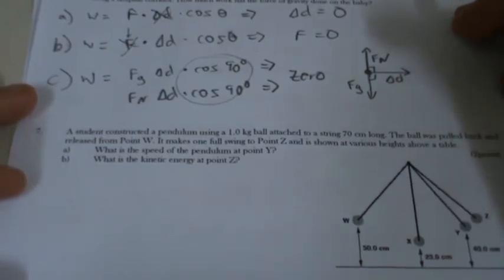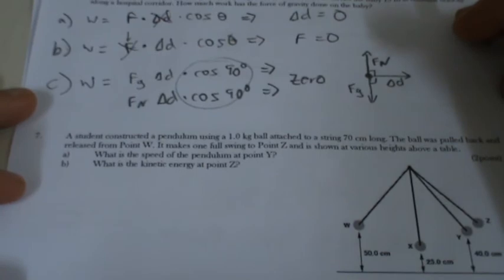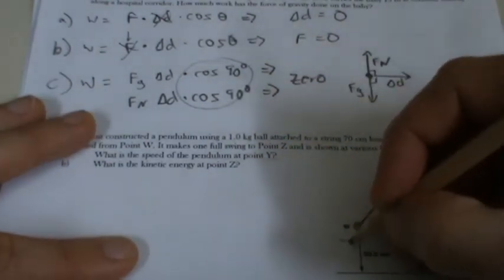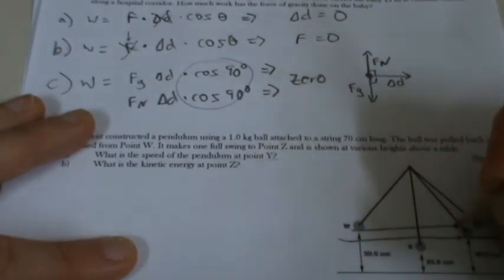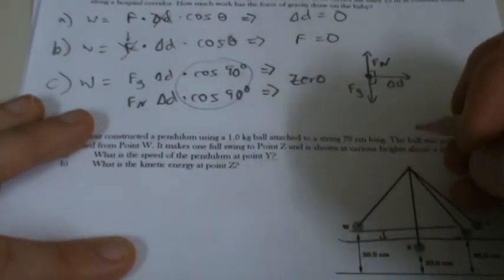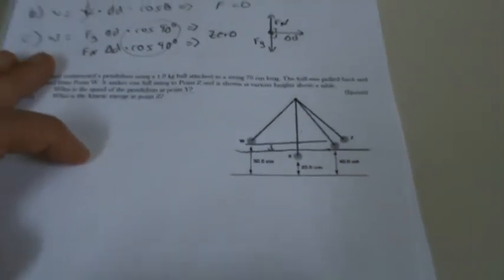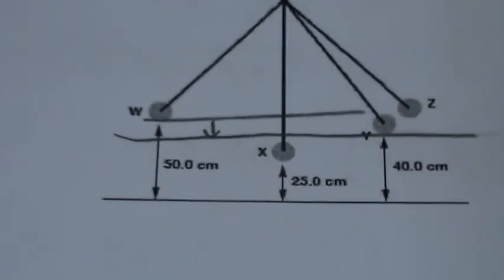Okay? A student constructs a pendulum using a 1 kilogram ball attached to a 70 centimeter string. The ball is pulled back and released from point W. It makes one full swing to point Z and is shown at various heights above the table. What is the speed of the pendulum at Y? Here's Y, and basically the quickest way to figure out this is to realize that it has dropped, and I'll zoom in on this picture so it's a little easier to see.